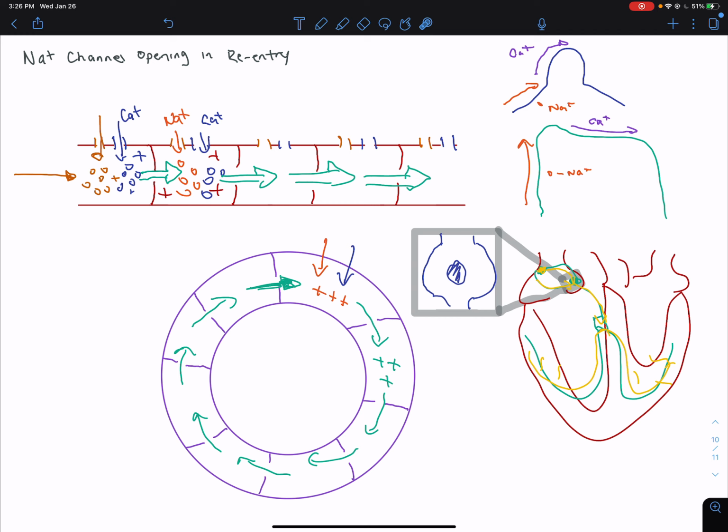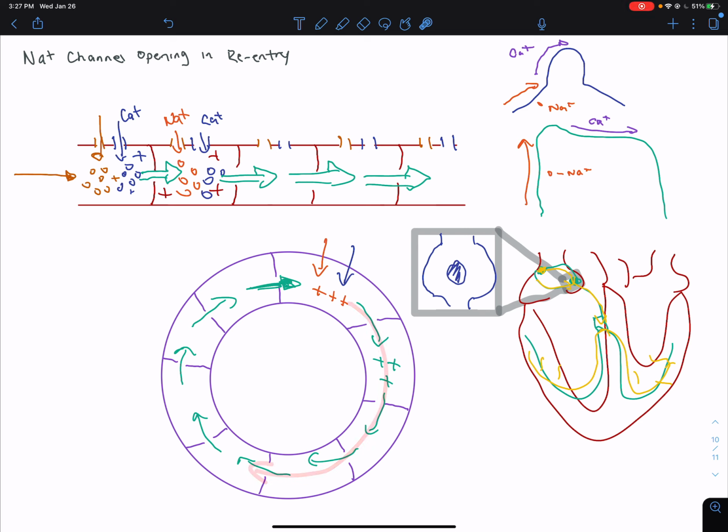So the reentry pathway has to be just long enough that the cell has time to shift its ions back out. Because remember, sodium should live outside, calcium should live outside. The only reason it gets in is because an impulse has opened voltage-gated channels that allow it in. So our sodium-calcium pumps and our sodium-potassium pump will actually pump these ions out after the impulse leaves.